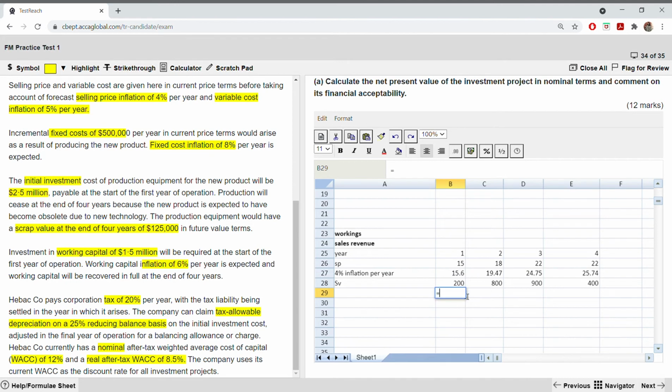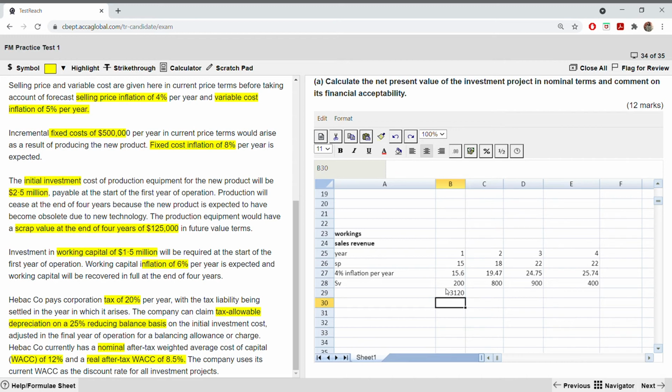So what you are going to do is multiply this by the inflated ones. This after inflation multiply by this.